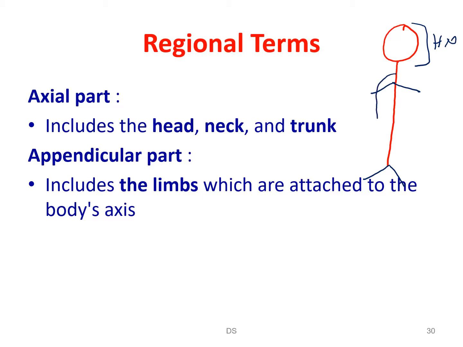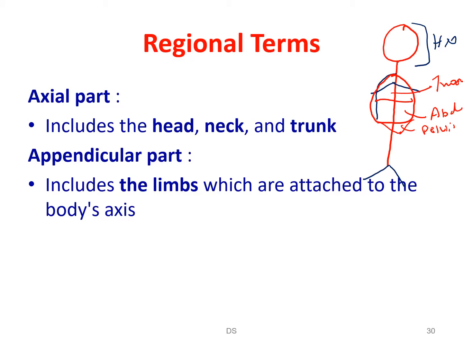This is the trunk, which includes the thorax, the abdomen, and the pelvis.